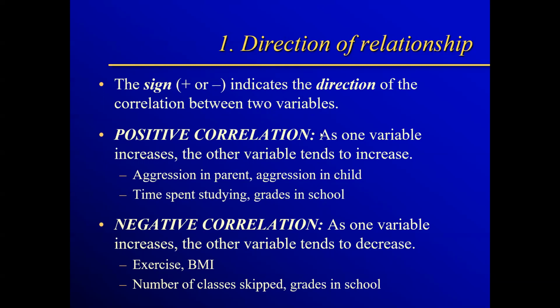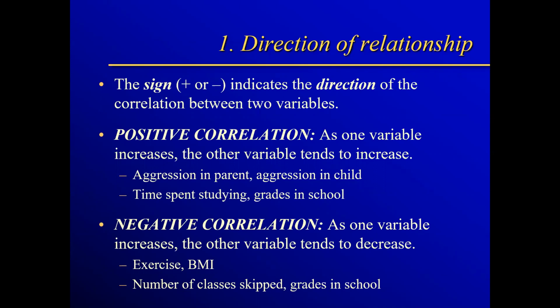What are positive correlations? Hopefully this should just be a review. We've talked about this many different times, but a positive correlation is simple. It's just as one variable increases, the other variable tends to increase. So let's say we measured aggression in parents and aggression in children. More aggressive parents is going to be related to more aggression in children, right?